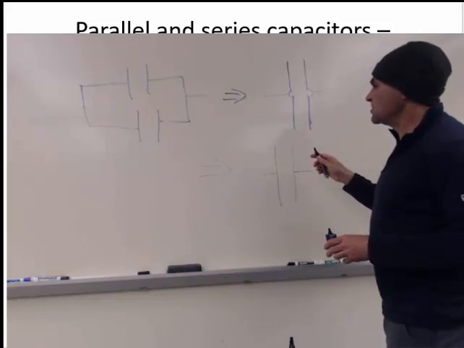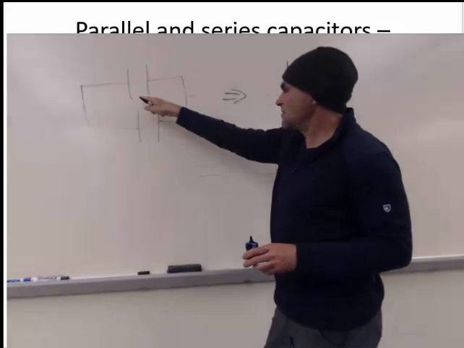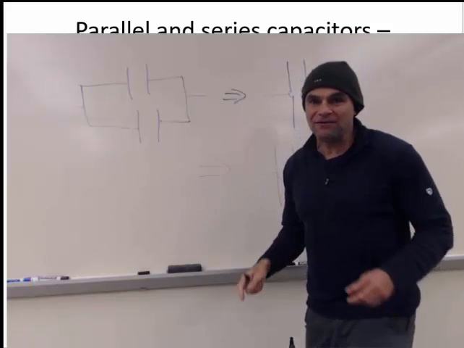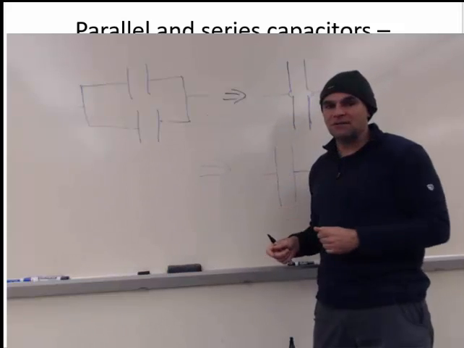Now when you compare these, you could say, well, this capacitor is basically just those two plates attached together. So basically you have plates that have a bigger area in this case than you had in that case.